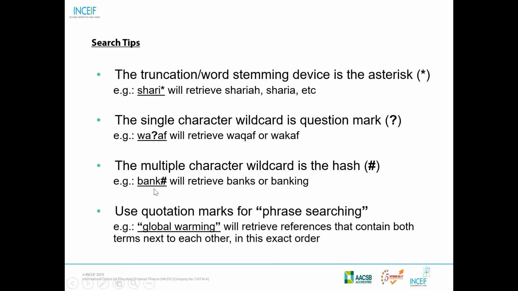But for banking, for example, you use bank and you put the hash icon, it will retrieve banks, banking, bankers, and if it has multiple words, it will also cover that.